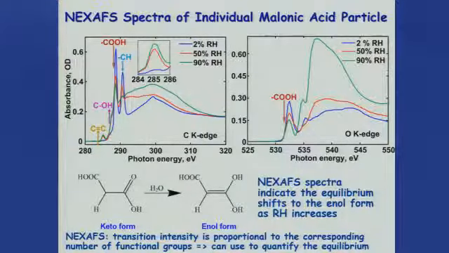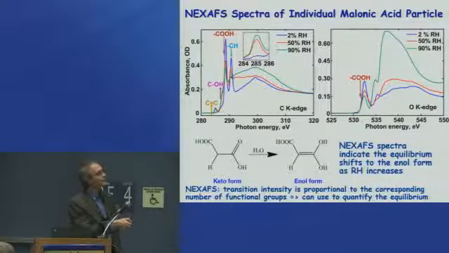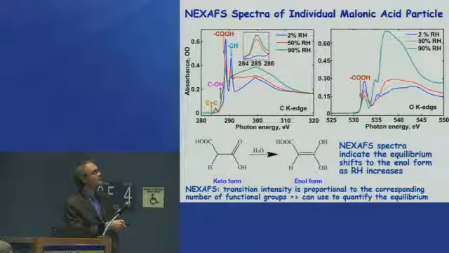And so what we did next, we looked at the changes in the carbon and oxygen K-edge spectra of that very same particle at different relative humidities, at 2, 50, and 90%. It's a little bit of a convoluted plot, but basically what you see is the following.